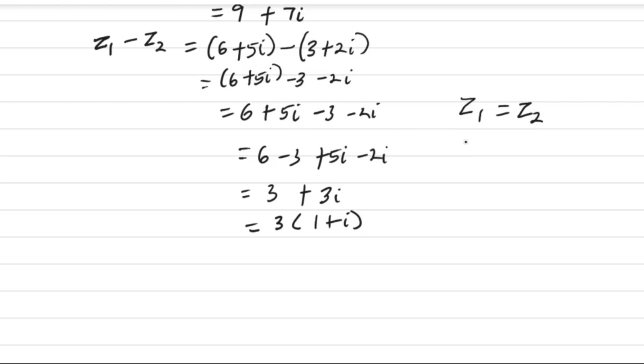So, for example, for a plus ib as Z1 to be equal to x plus iy as Z2, a must be equal to x and b must be equal to y for these two complex numbers to be equal.